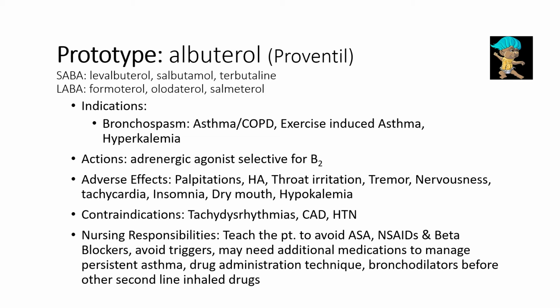Now, don't forget, because it primarily stimulates the beta-2 receptors, it's mainly going to have effects in the lung, especially since it's an inhaler. But where else are beta-2 receptors? Well, they're on the uterus, so we could use this to try and stop preterm labor. They're on blood vessels, so if taken in huge amounts, they might have an effect on the blood vessels.